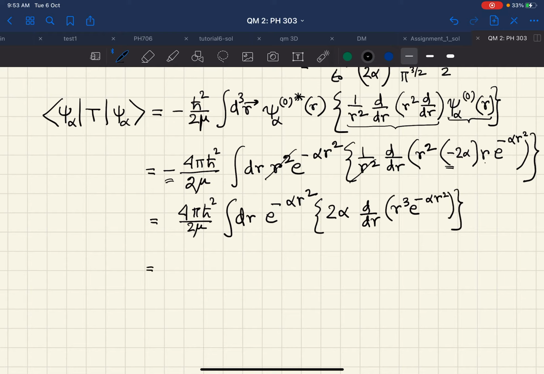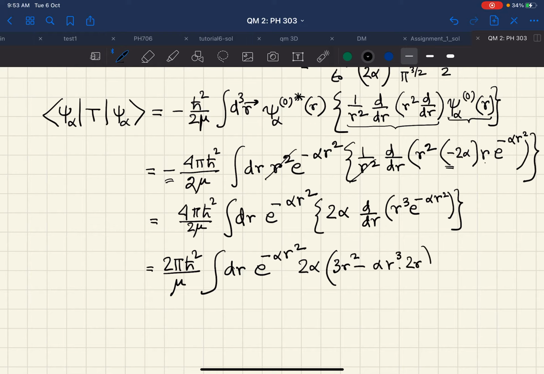So this is leading us to pi h cross square by mu integral dr e to the power minus alpha r square into 2 alpha. Now if we do the derivative, we have 3r square minus alpha r cube into 2r, e to the power minus alpha r square. So that is what we are going to get finally.